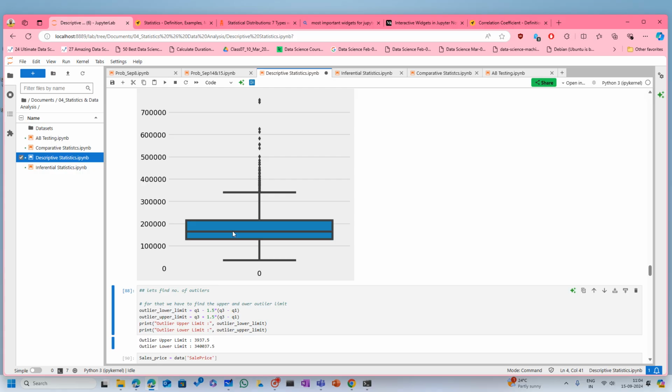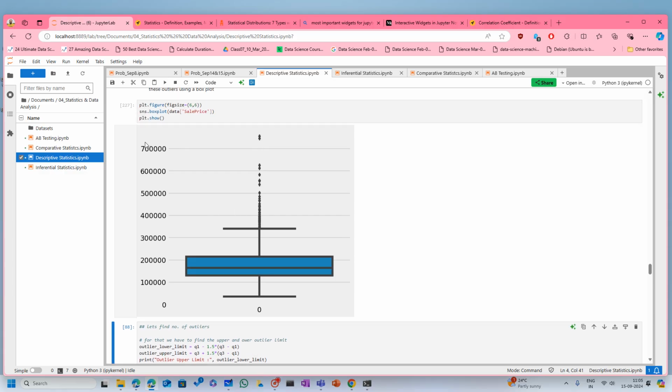The middlemost value is called the median, and this is your Q3. So essentially your interquartile range is this box. The area of this box is the interquartile range, and this is your minimum value, this is your max value.